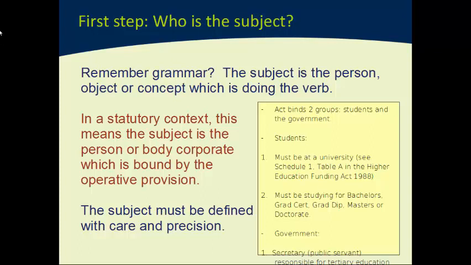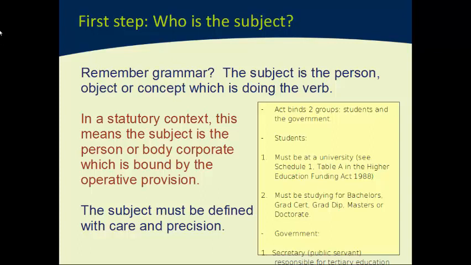The first thing we're going to have to think about is who is the subject. Now, when we talked about grammar, we referred to the subject as the person, the object, or the concept which is doing the verb.